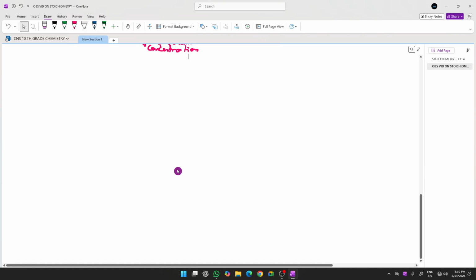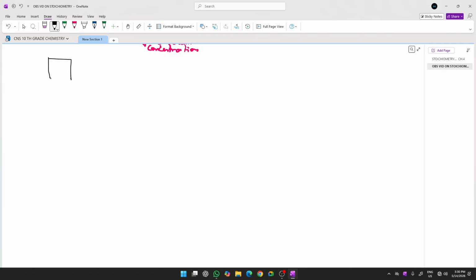Now, the atomic mass concept, I'll try to explain this way. In the periodic table, or in any of your chemistry textbooks, you always see a symbol like this, X, with an A on the top and Z at the bottom.